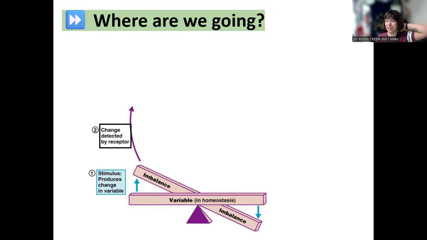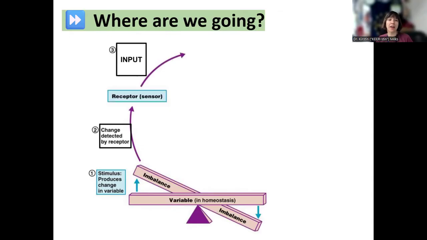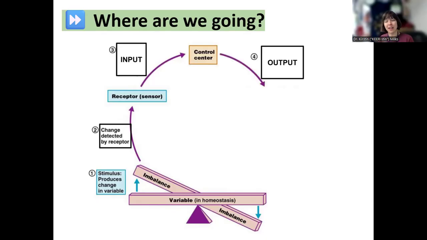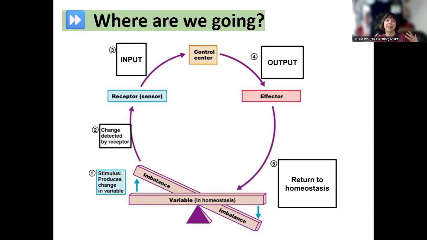For example, your body temperature is regulated by the hypothalamus in your brain. That receptor is a sensor and it sends information, or input, to a control center. That control center, like the hypothalamus, decides to do an output. That output is the effector, and that helps you return to being in balance. This type of feedback is a negative feedback cycle, and negative feedback is not all bad, as we'll learn about today.